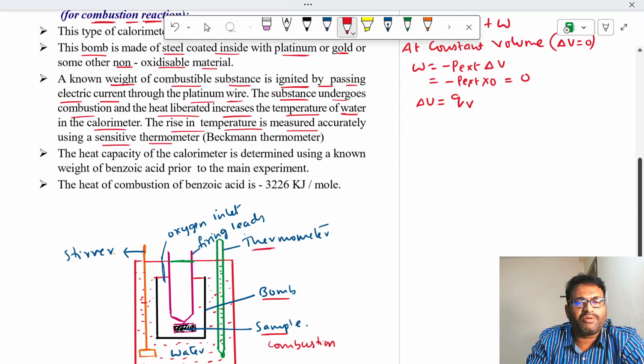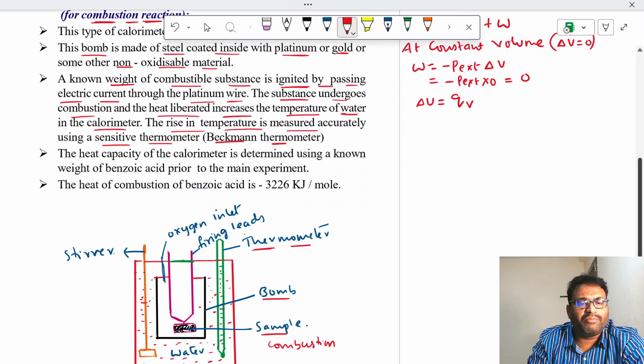You can find the thermometer here. How much the temperature has increased after combusting the substance is found by using a Beckman thermometer.